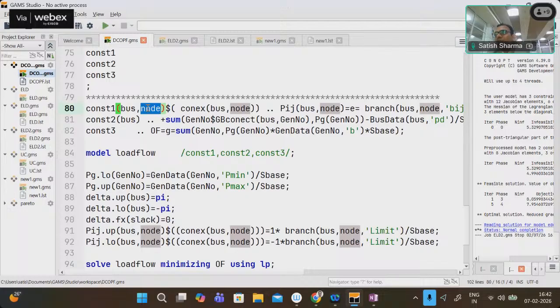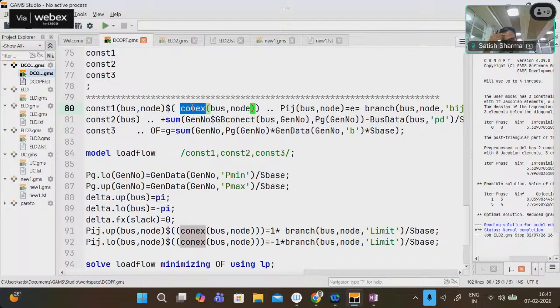So power flow has to be calculated for a pair ij in a set of lines. One thing is that the dollar is an if condition in our GAMS code. This dollar is there so that the constraint is written only for the connections which I have provided, not for all ij. There will be a lot of combinations, but the connections will be limited.